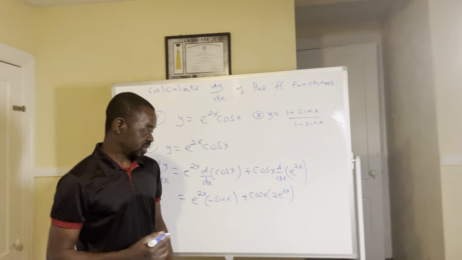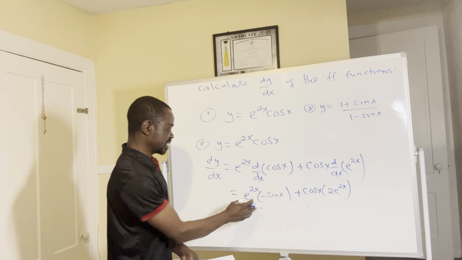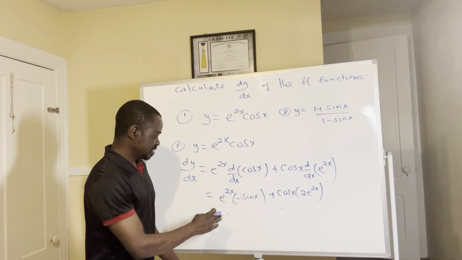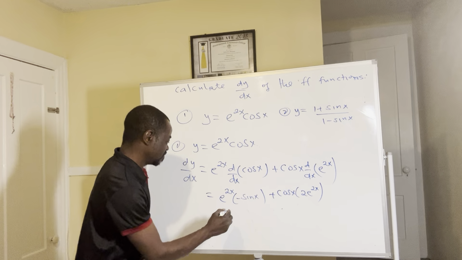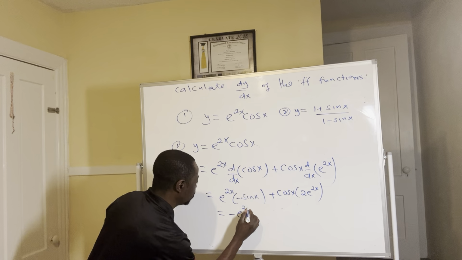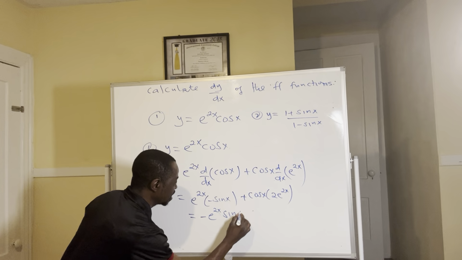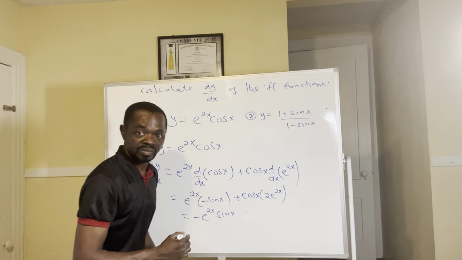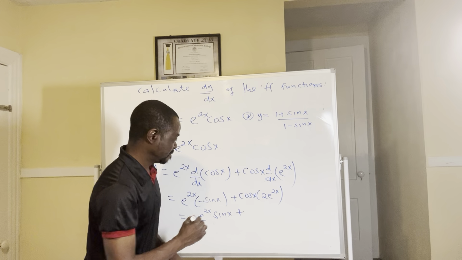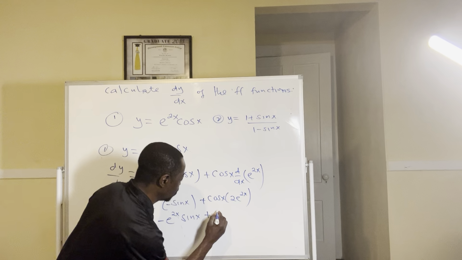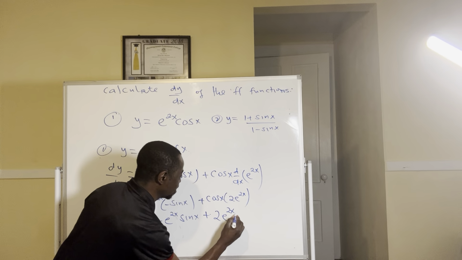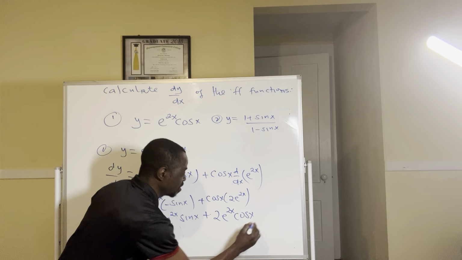Alright, so let's open brackets. This by that gives us minus e to the power 2x sine of x. This is plus, this and this give us 2e to the power 2x cos of x.